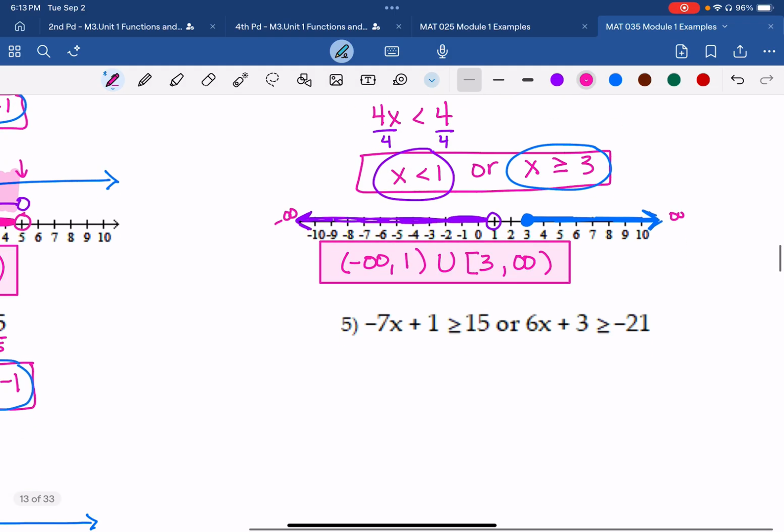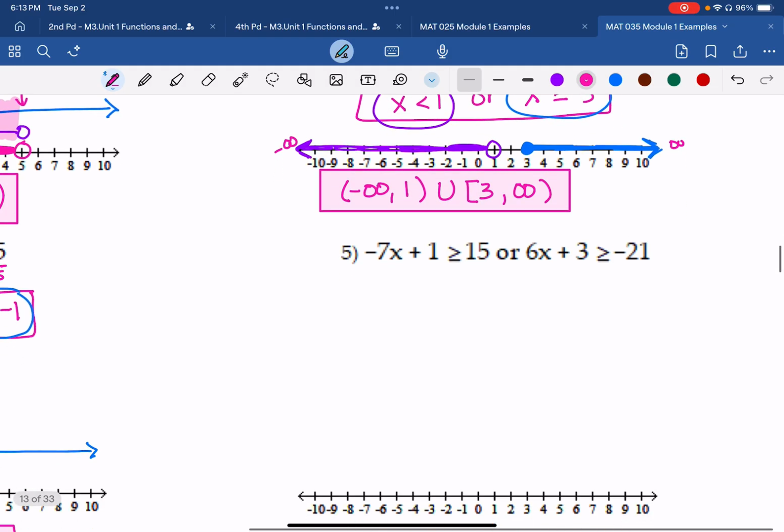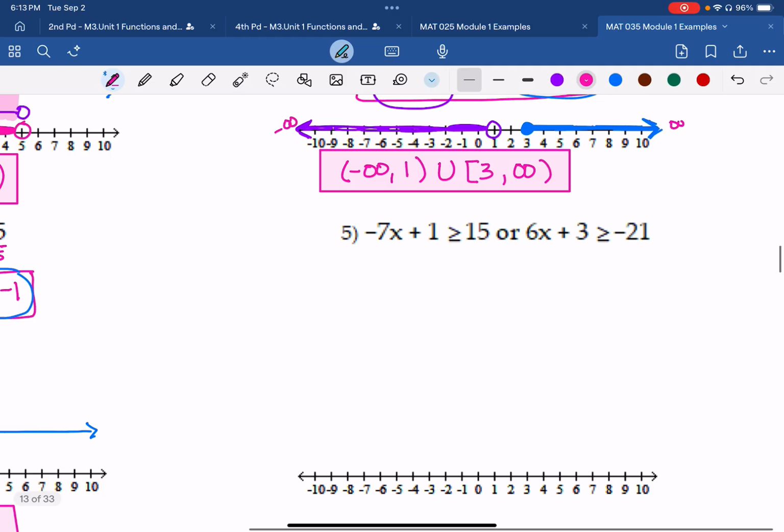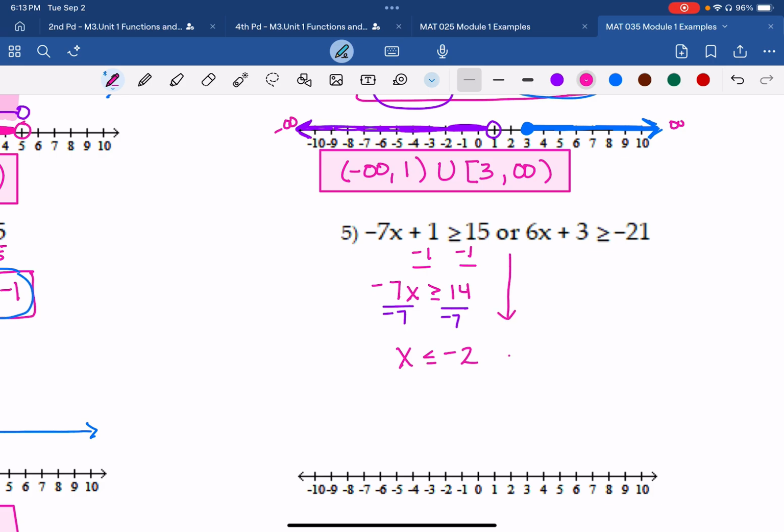Last example. So again, we're going to solve each of these separately. Okay, so I'm going to subtract that 1. So I've got -7x greater than or equal to 14. I'm going to divide by -7. Since I'm dividing by a negative, we got to flip that inequality. I'm going to bring down that or sign.